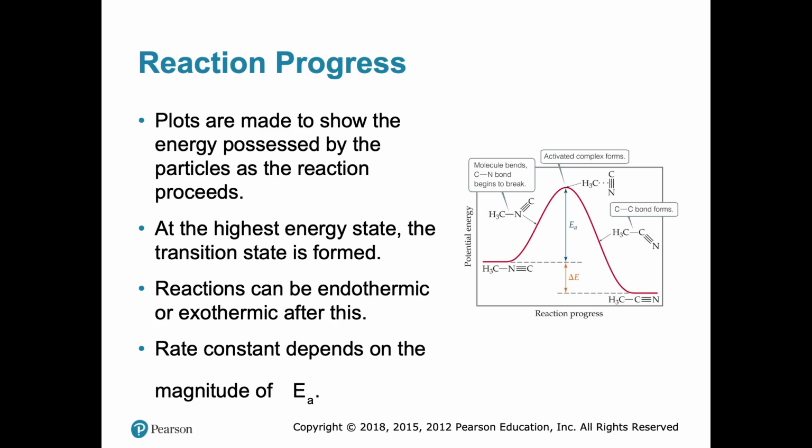On the x-axis, we have the reaction progress. That means how much time is passing by as the reaction is proceeding, okay? And so here we have that molecule, methyl isonitrile, who knows? But it's becoming acetonitrile over here, okay? And notice what I said before, right?